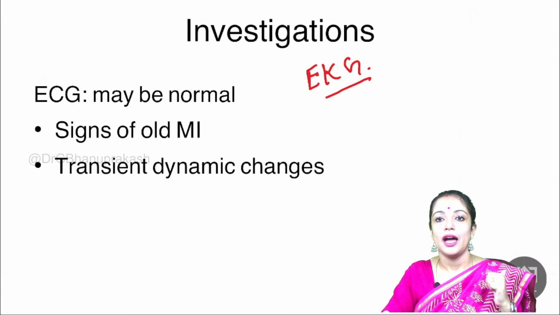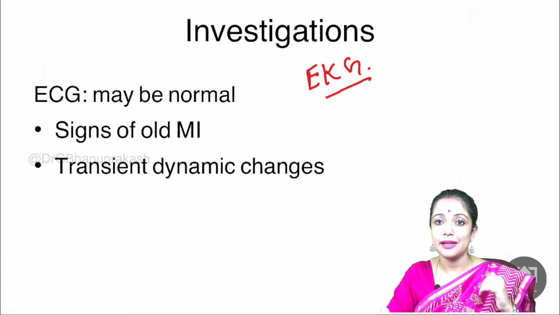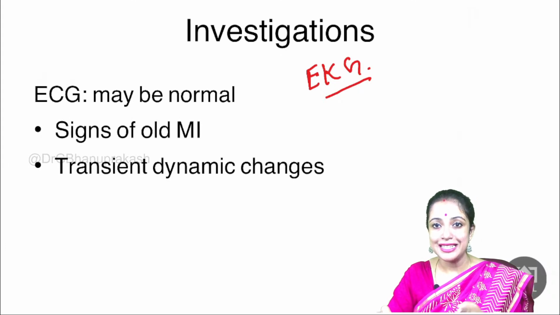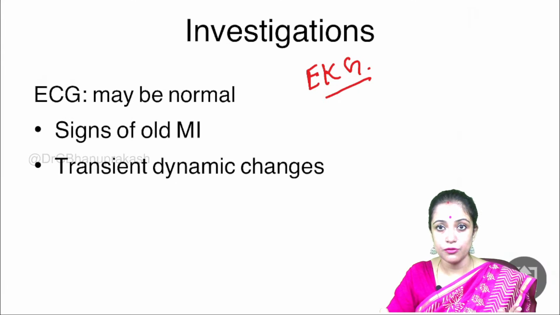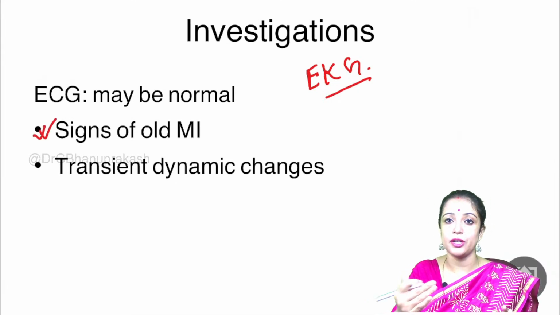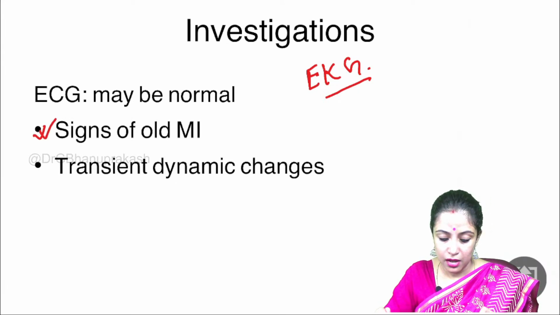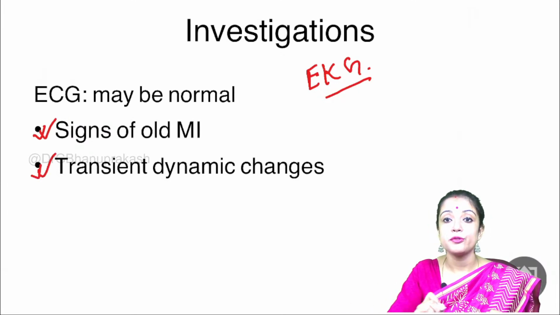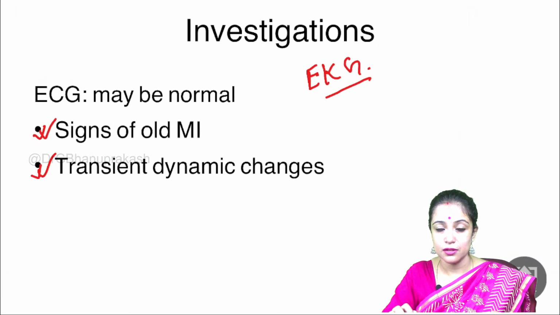And if the patient had a previous MI, then there will be signs of old MI in the ECG. For example, there will be presence of pathological Q waves in particular leads. That is one of the signs of old MI that may be present if the patient previously had ischemic heart disease. And there may be dynamic changes.